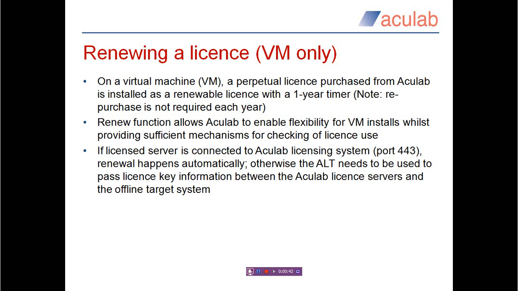You don't need to repurchase. You have a license to use the software on a perpetual basis, but actually to handle the licensing needs of Acculab software, we install this 1-year key.